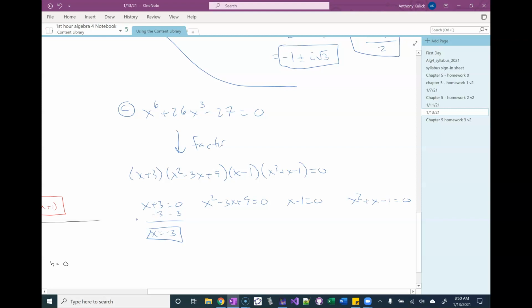The next piece is quadratic, and it has both x squareds and x's, so I have to use the quadratic formula here. 9 minus 36 is -27.